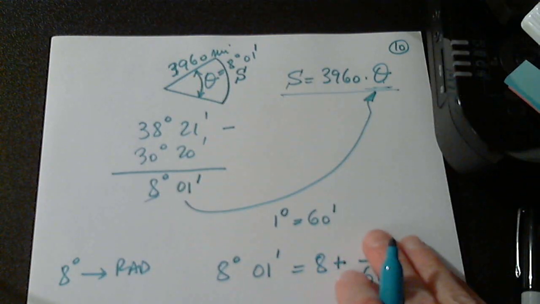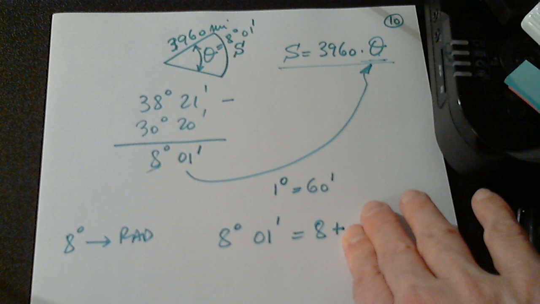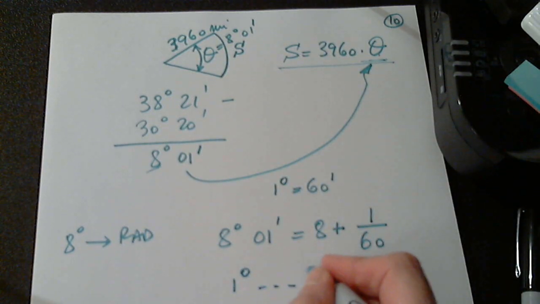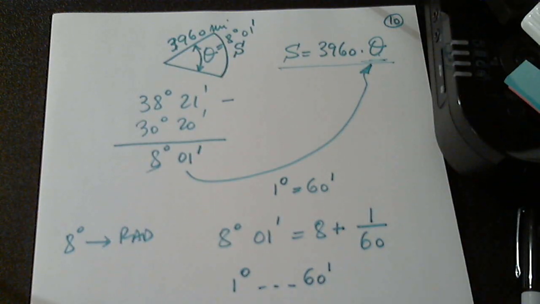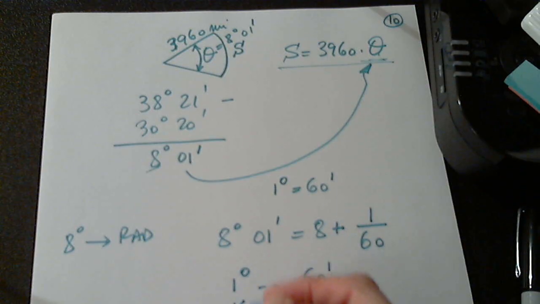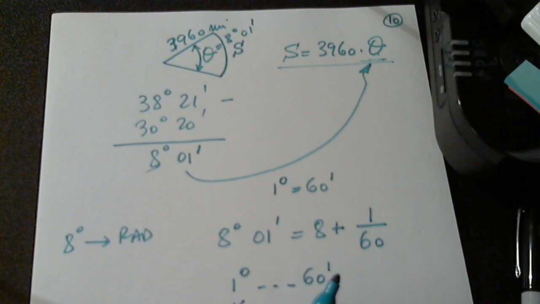And you can say, wait a minute, where does this come from? Very simple. If 1 degree corresponds to 60 minutes, to how many degrees will 1 minute correspond? Minutes under minutes, degrees under degrees.